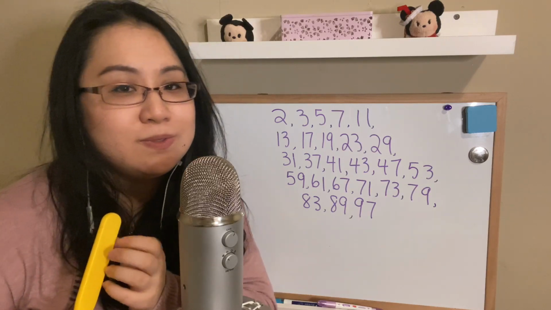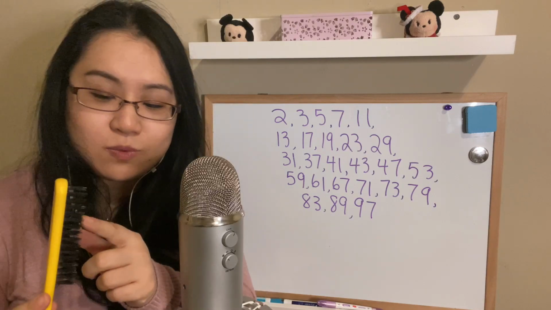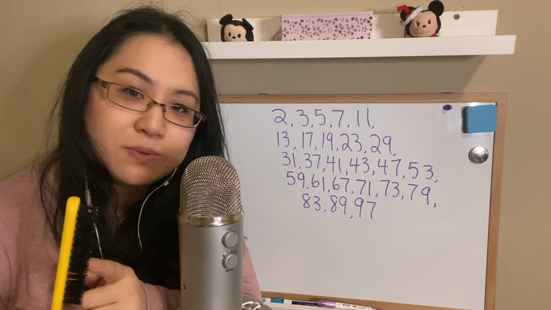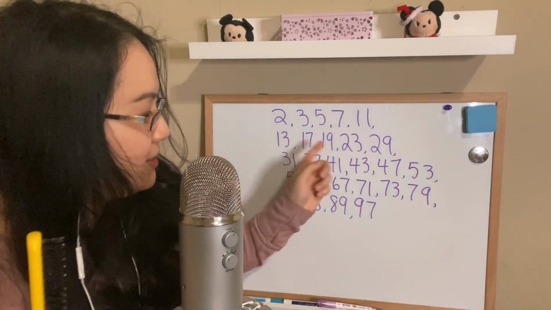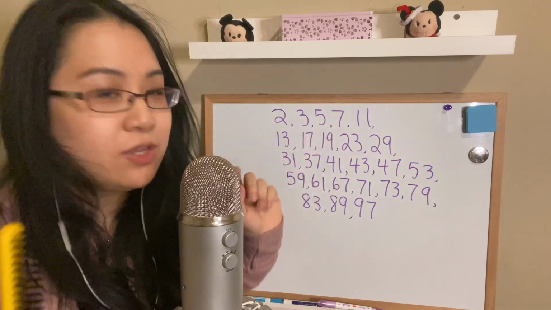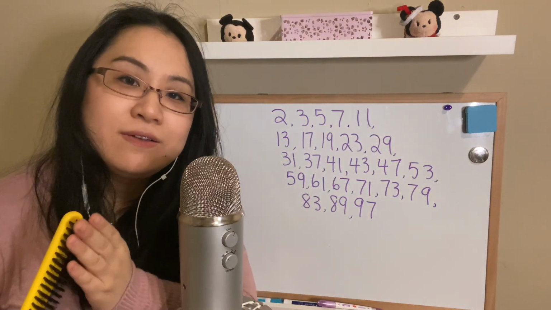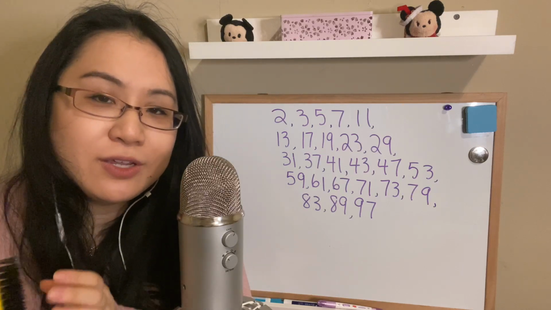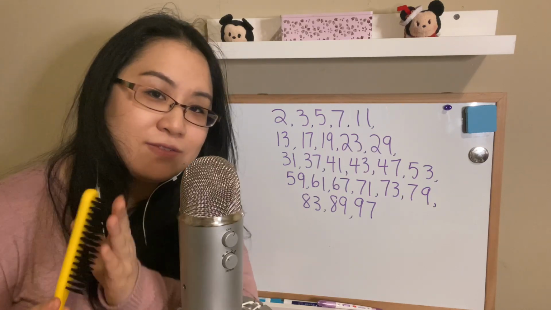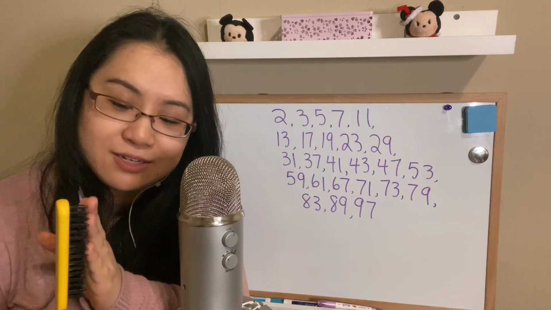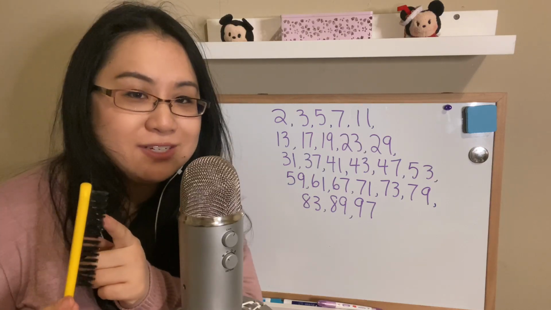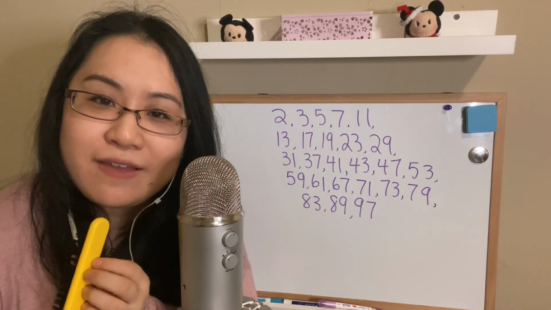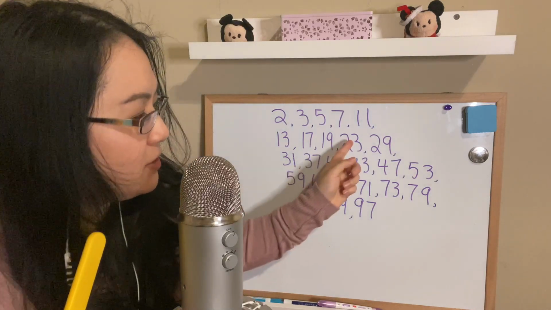So 2 times 3 squared. 19 is prime. 20 is 4 times 5, but 4 is 2 squared. So 2 squared times 5 is 20. 21 is 3 times 7. 22 is 2 times 11. 23 is prime.